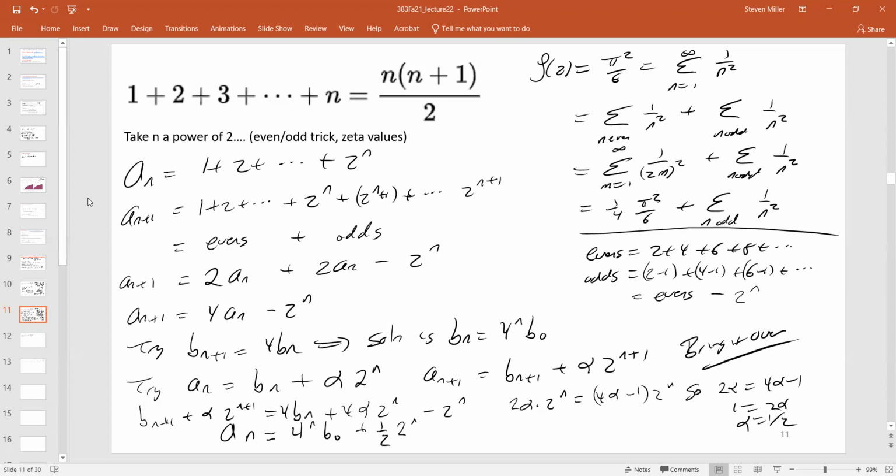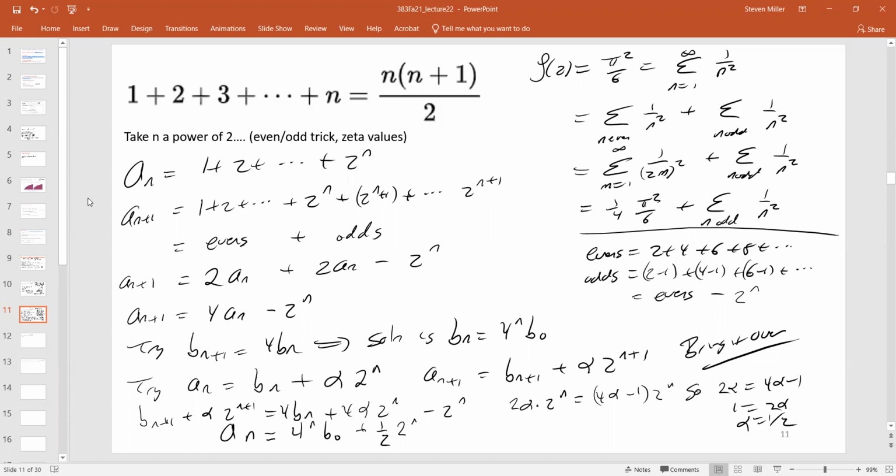So all we have to do is figure out what is b0. So if I take n equals 0, what does a0 equal?